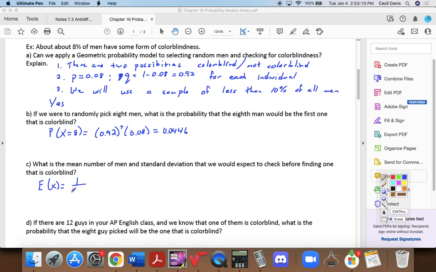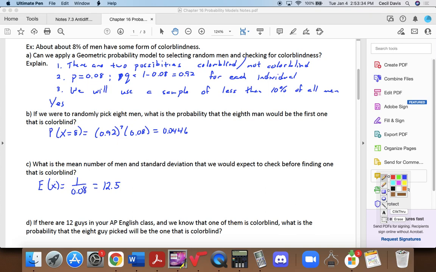So that's 1 over 0.08. How many times does 8 go into 100? 15. More than that. 16. Less than that. So 15.38. And Ian, what is it? 12 and a half.